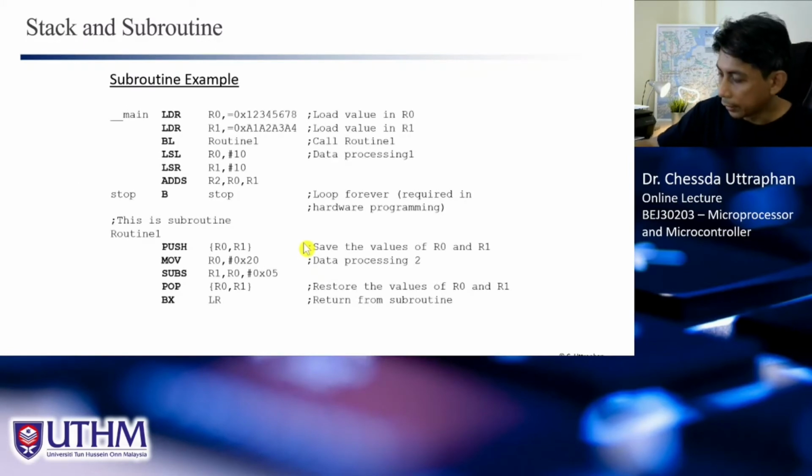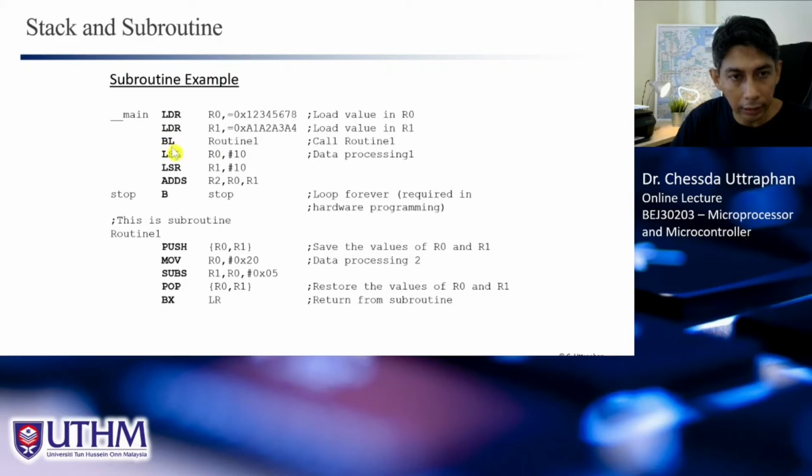So now let's look at the example. Here is another example of programming, a more advanced programming where we use a subroutine in our program. For example, in our code, we have this value in R0, this value in R1, and here we want to use the subroutine, and the instruction to call the subroutine in the ARM microprocessor is BL, right?